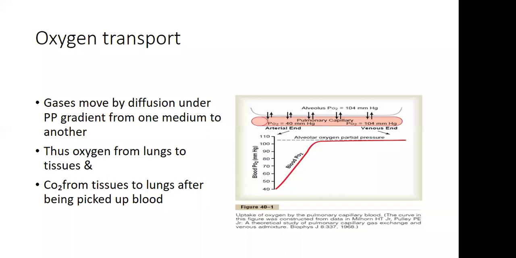Now this deoxygenated blood, though in very meager quantity, when it mixes with the fresh blood of 104 millimeters of mercury partial pressure, reduces the pressure from 104 to 95 millimeters of mercury. This is called admixture. This is actually the mixing of the pure blood coming from the pulmonary alveolar area with the venous blood coming from the pulmonary tissues. I hope you got this point.